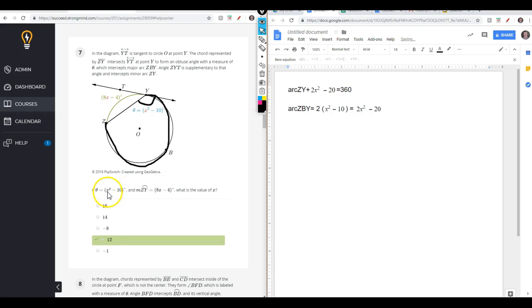And we also know that arc ZY from here to here is 8x minus 4 degrees. So we can substitute that in as 8x minus 4 degrees. And I'm not including the degree symbol while we are solving out this equation. The one thing that I would do is I'm recognizing that this has an x squared, which is a quadratic equation.